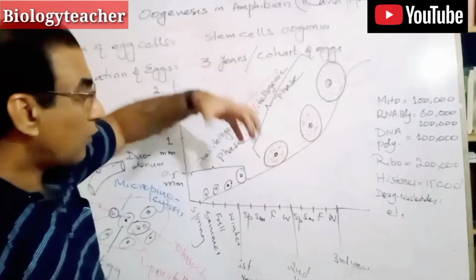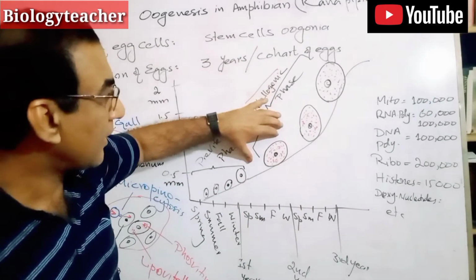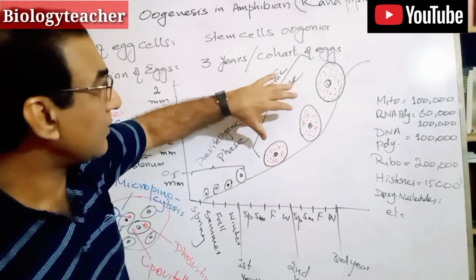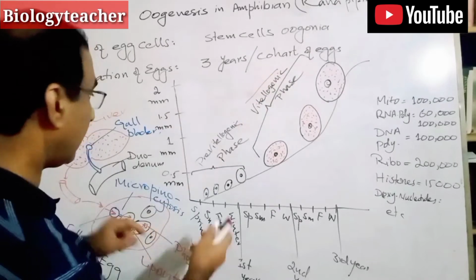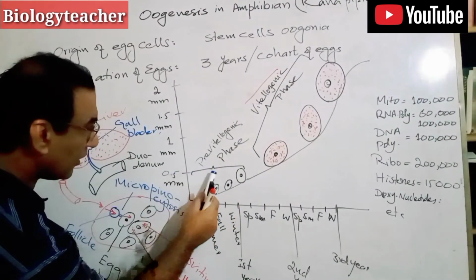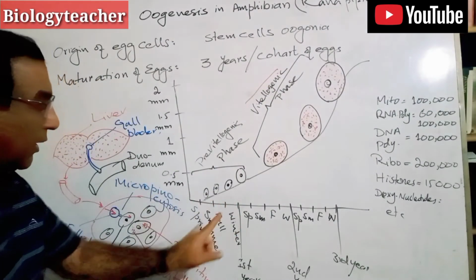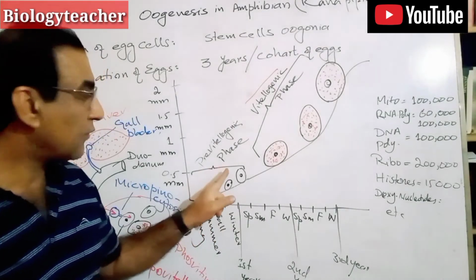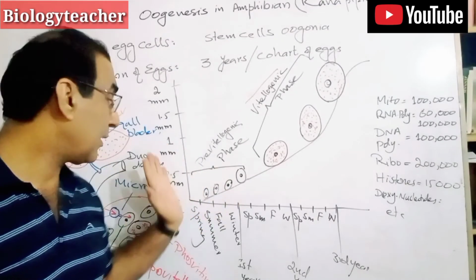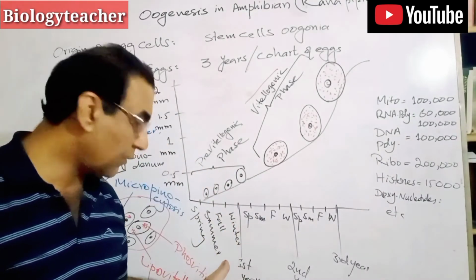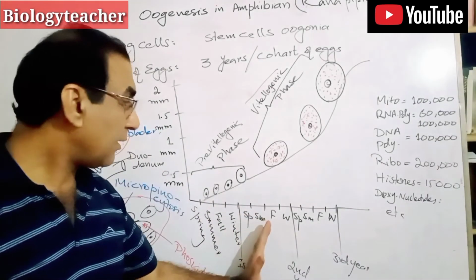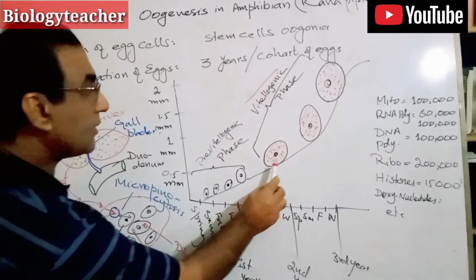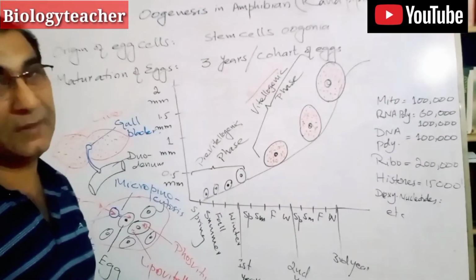the size of the oocyte is increased tremendously. You see here, it was just 0.5 millimeter at the end of the first phase, at the completion of the first year of maturation. In the second and third year, it has increased to 2 millimeter.